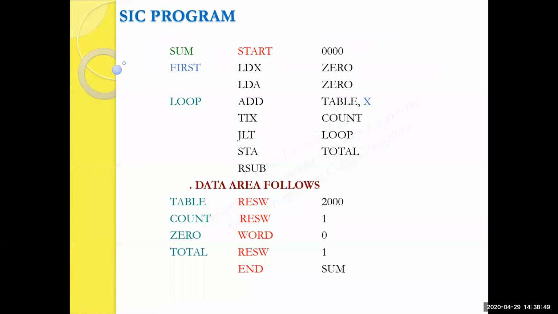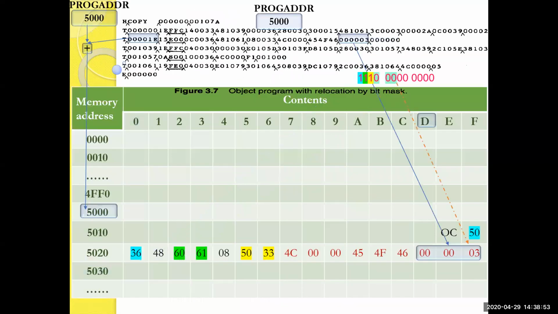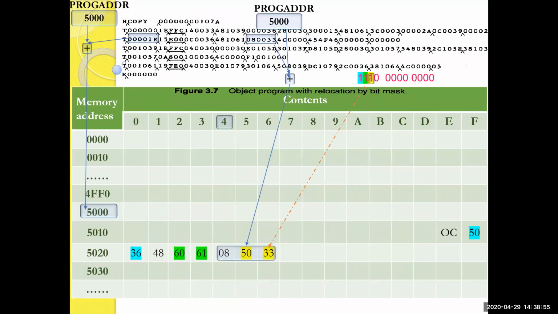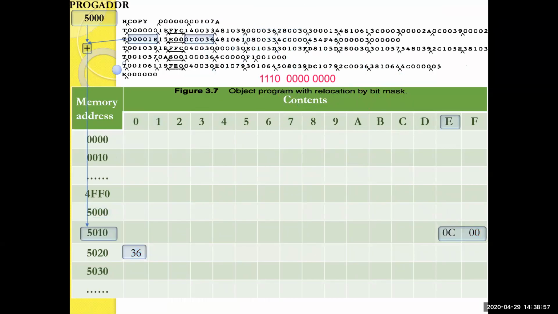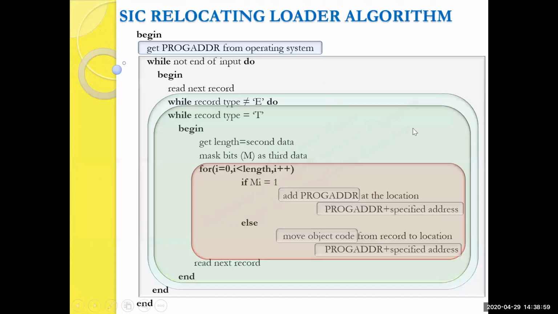So to summarize, whenever the relocating loader finds that the record type is T, it fetches the second data, which indicates the length of the object codes in the current text record, and it fetches the third data, which indicates the bit mask.